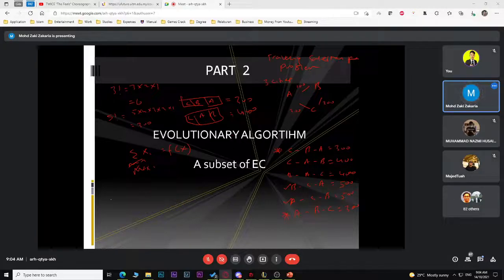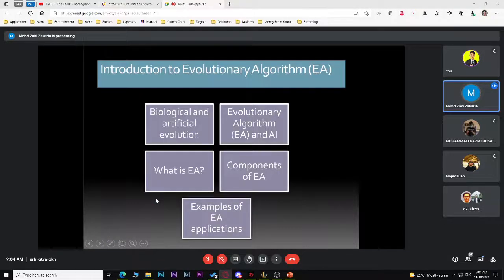How about 10 cities? 10 cities means 10 factorial. 10 factorial means 10 multiply 9 multiply 8 multiply 7 and so on, which means millions. Millions of chromosome solutions that we need to evaluate.